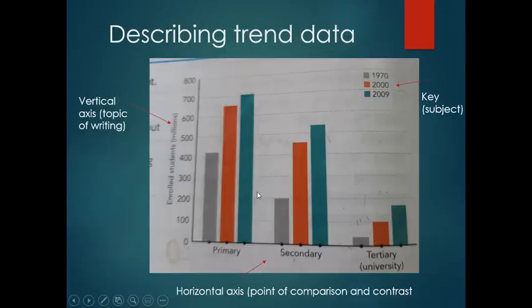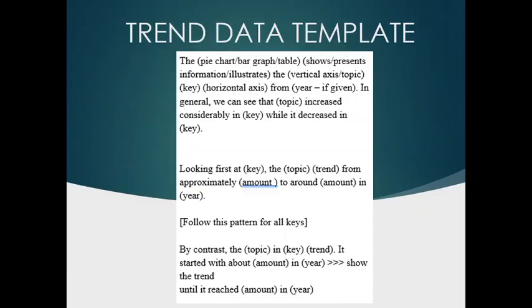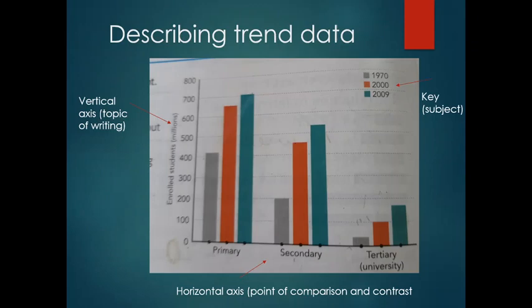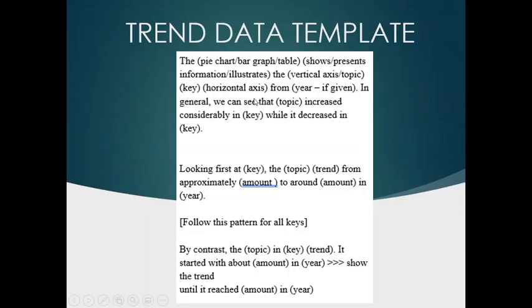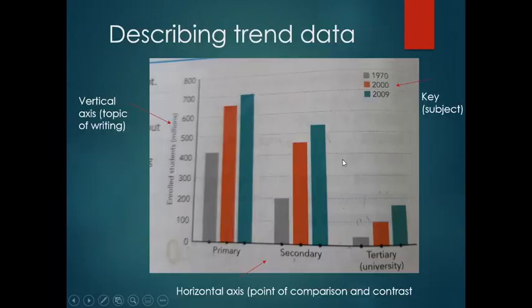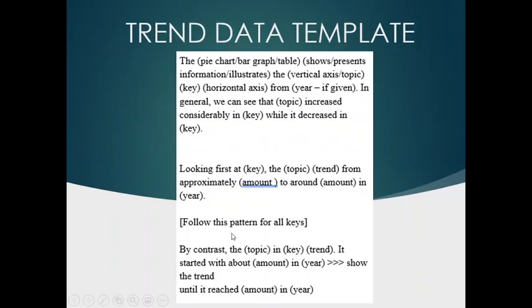Approximately 400 or a little over 400 million to around 700 million in, what is the year? 2009. So you have to follow the same pattern for all keys.